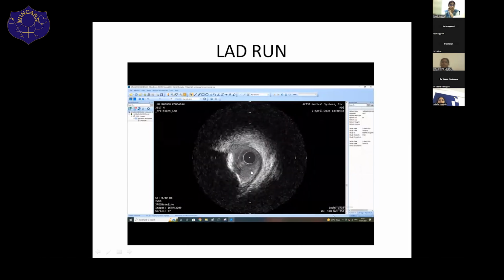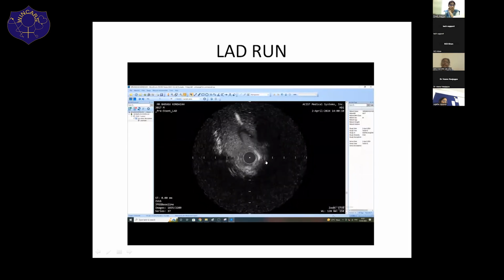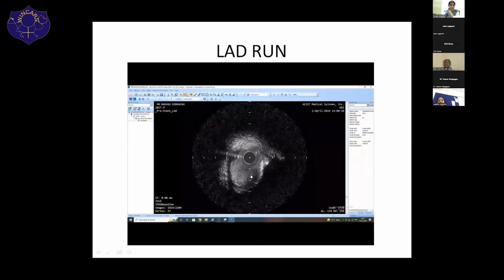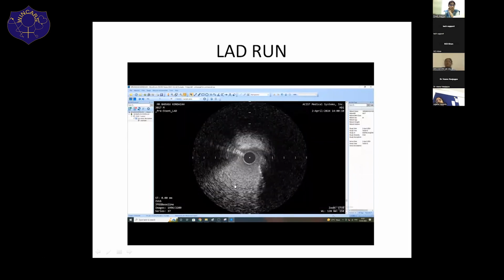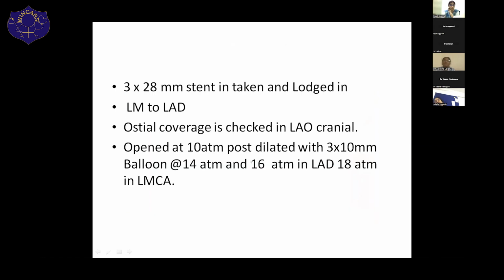We can see that the calcium is pretty cracked, and the lesion has yielded. Calcium is also not much. So we took a 3x28 mm stent because the distal diameter is around 3 mm, and deployed the stent from the ostial LM to the LAD.